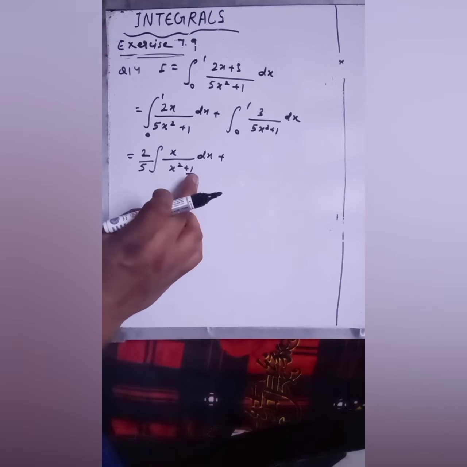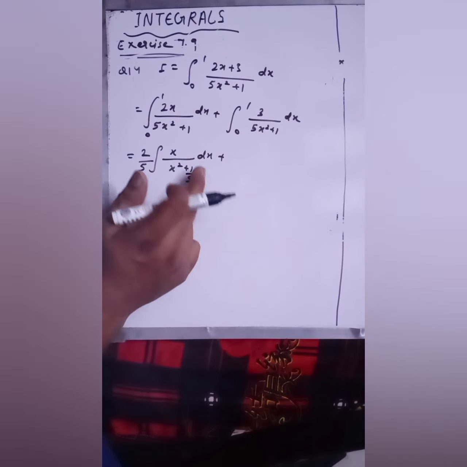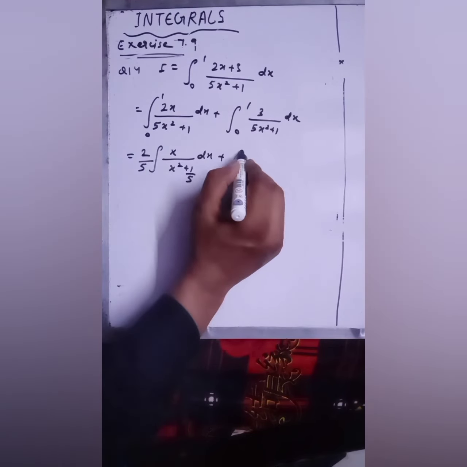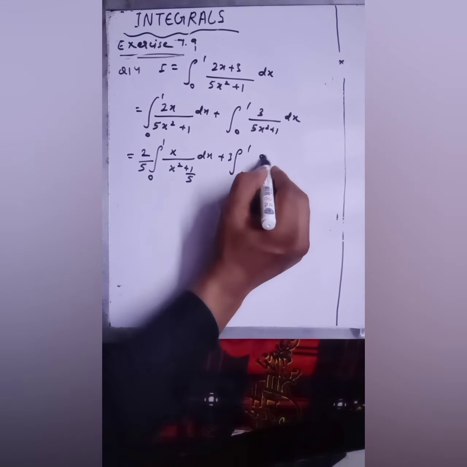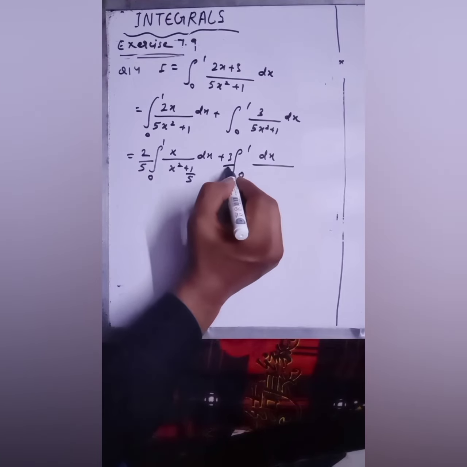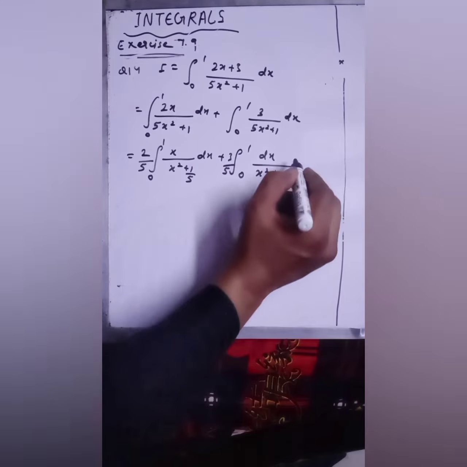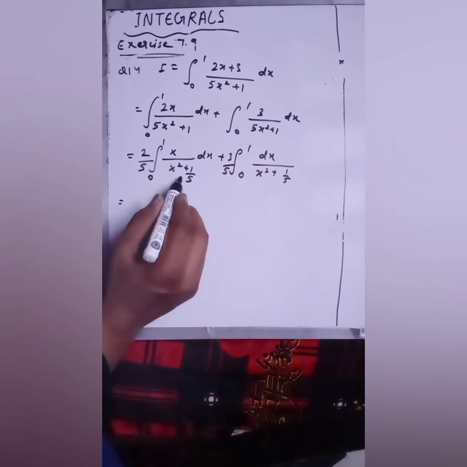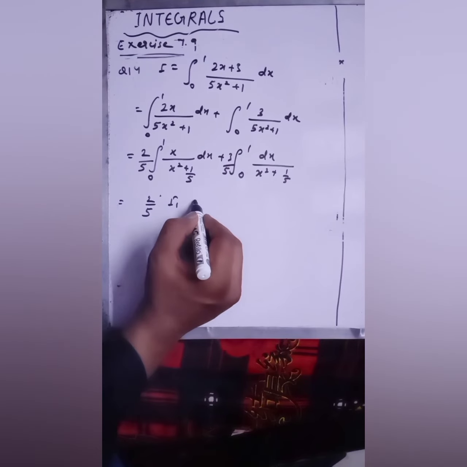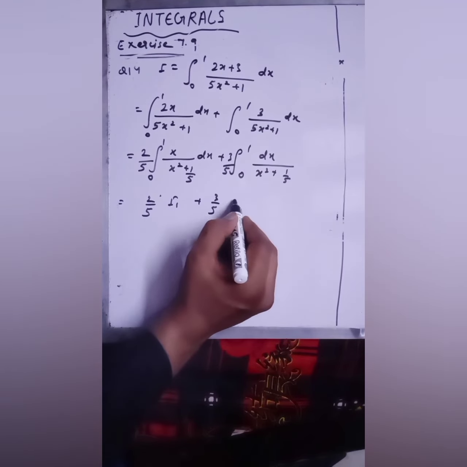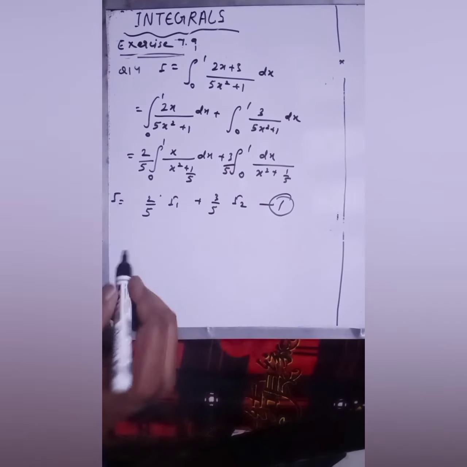Or no need to take common. If you want, you can take common, don't worry about it. This will be 0 to 1 and 3 will come there, and again I'm taking 5 as common, so you get x square plus 1 by 5. Okay, so here this is your 2 by 5, this is your I1 plus 3 by 5, this is your I2, and this is our equation number 1.